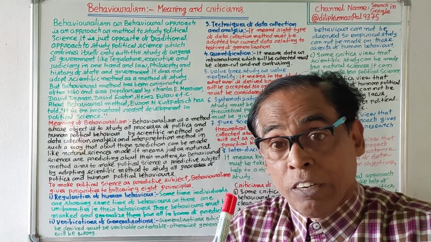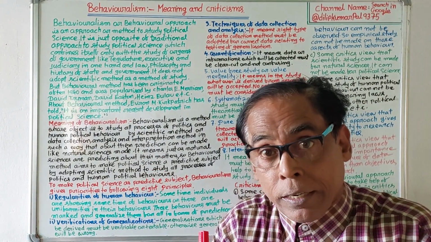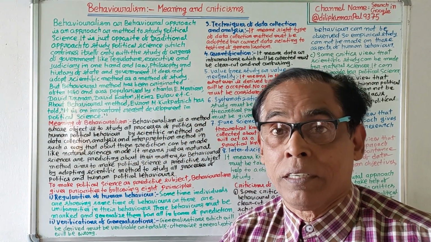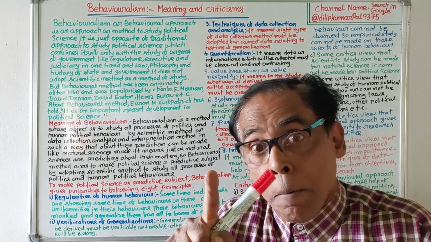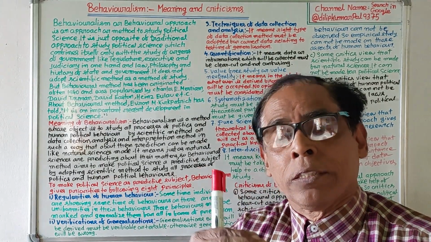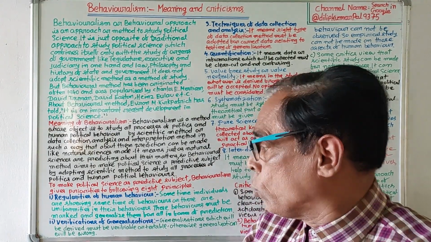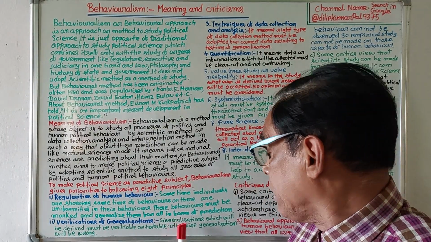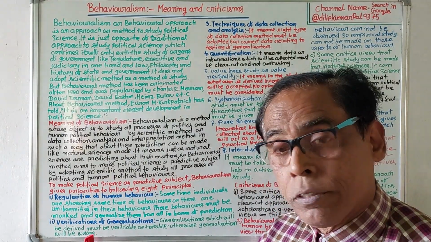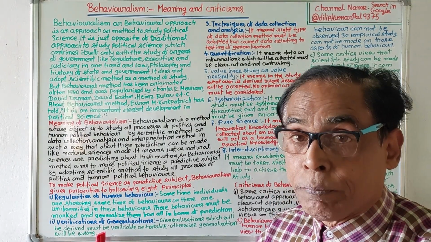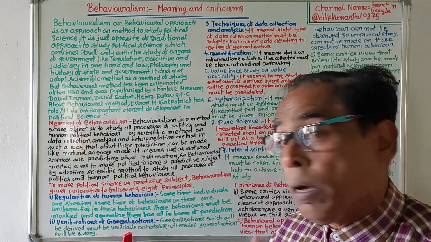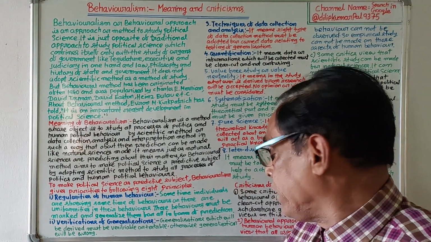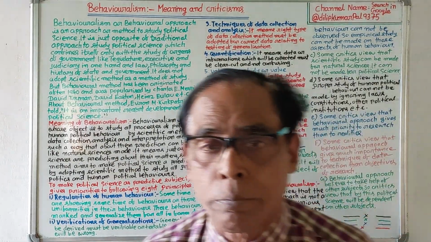The information collected for generalization must be testable and verifiable, otherwise the study will become wrong. So generalization derived from the same type of human behavior must be verifiable or testable.